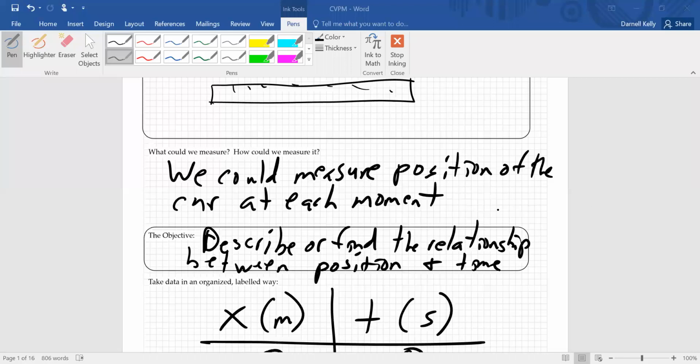Generally, how I like to help you generate the objective is: you've measured this stuff, position, time, weight, whatever. Is there something in all those measurements? Could you describe a relationship between two or more of these quantities?